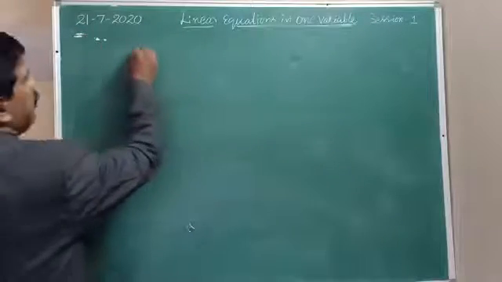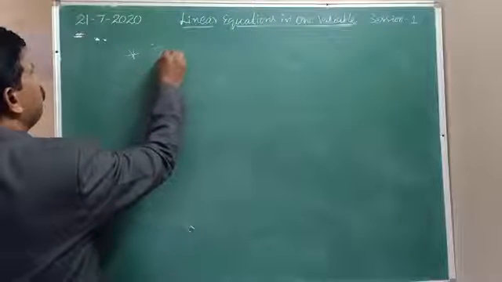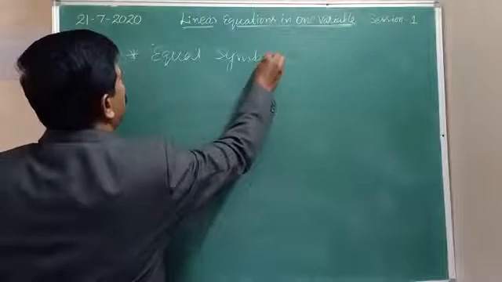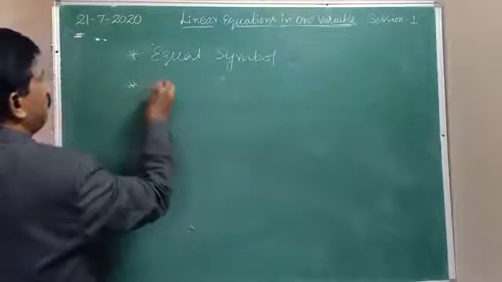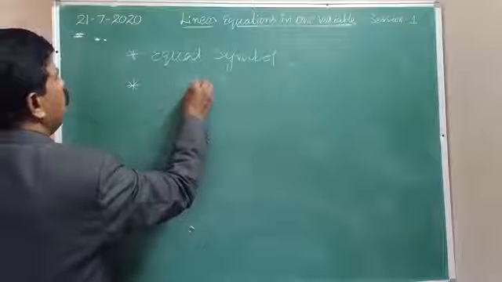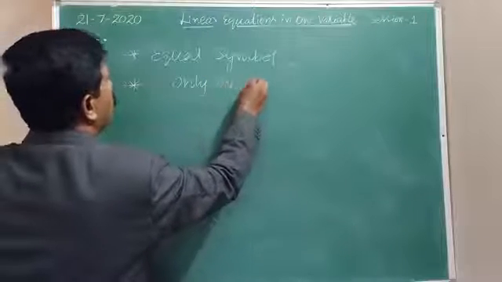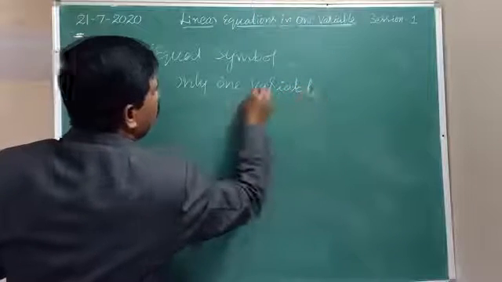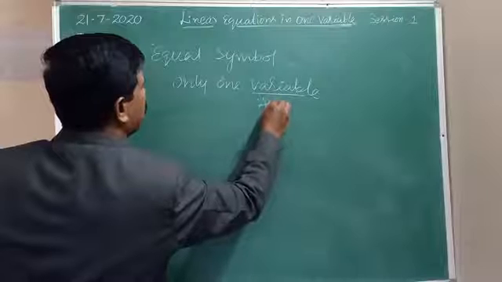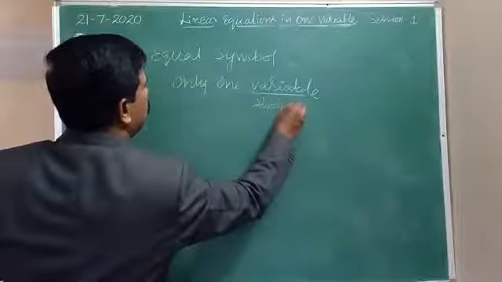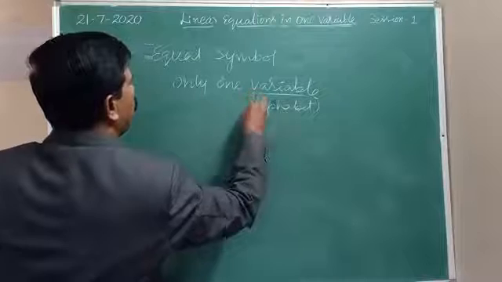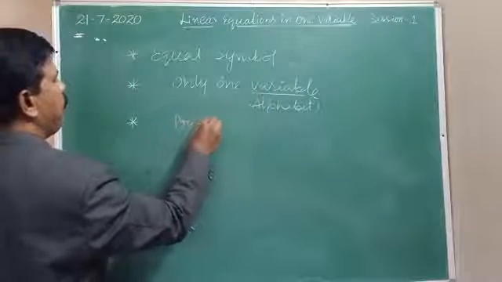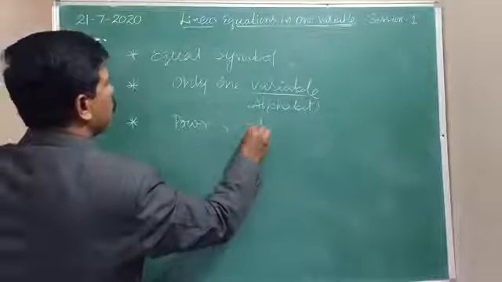So, the main thing is the equal symbol. Second thing is only one variable. Here, variable means alphabet. Only one alphabet, and its power is 1.